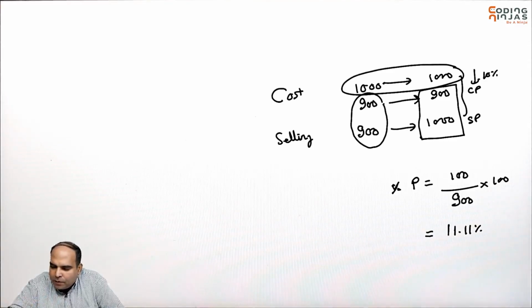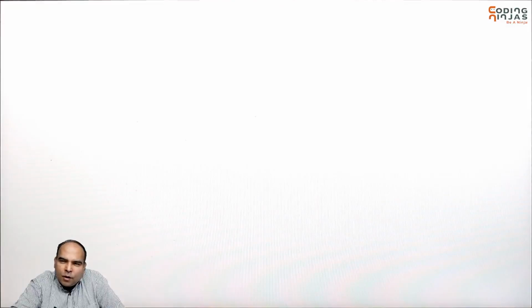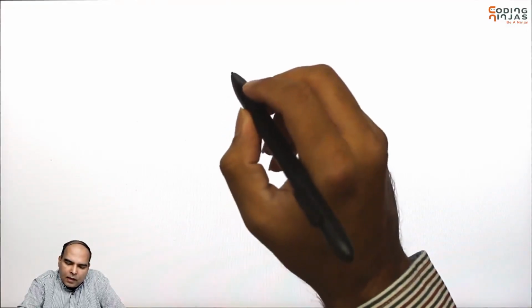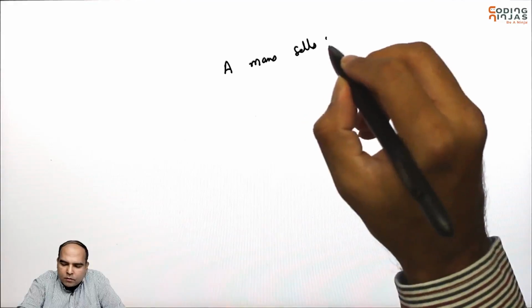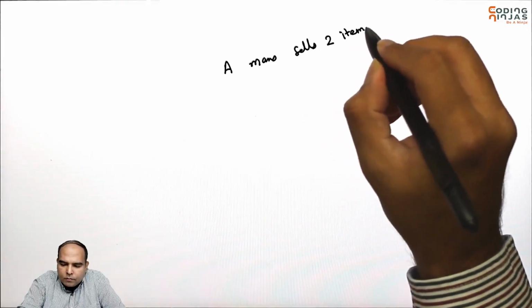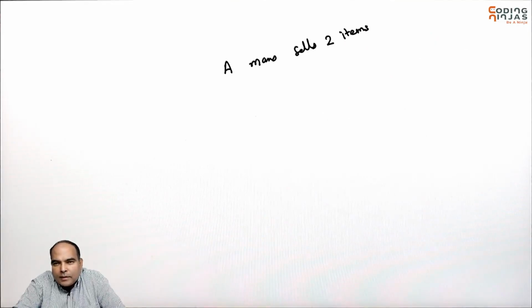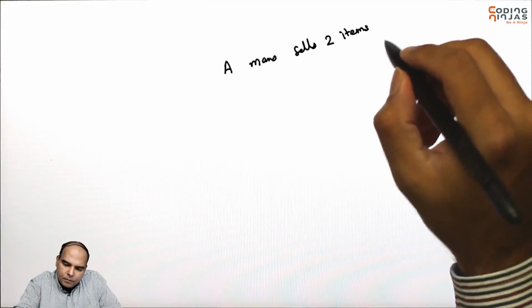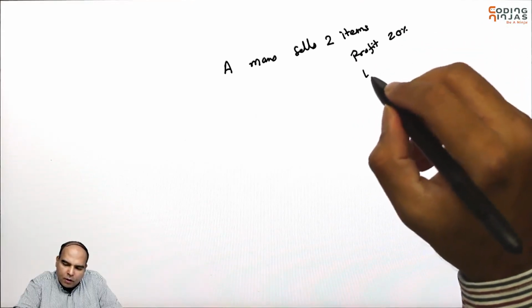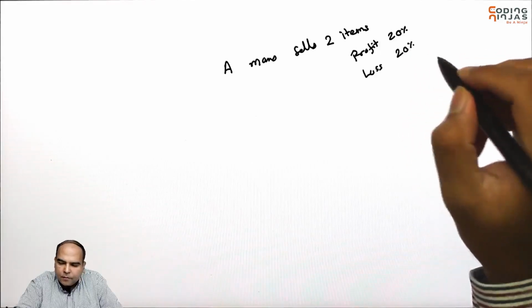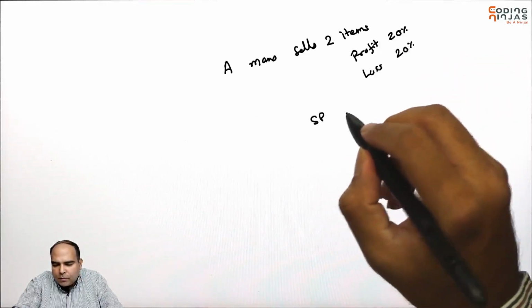And of course, before I wind up, one last question, and this is a standard formula. Let's say you're given that a man sells 2 items, one at a profit of 20% and the other at a loss of 20%, and the selling price of both items is equal.